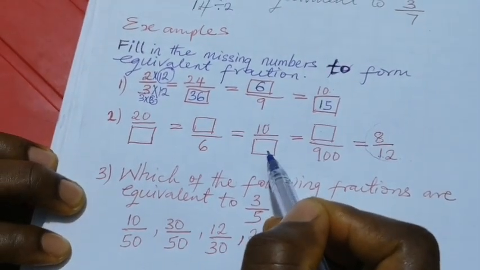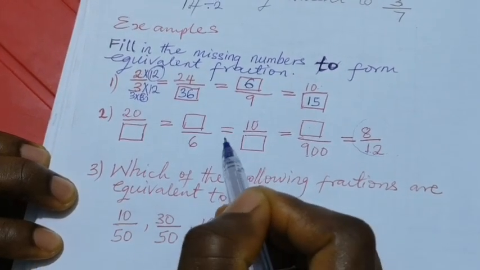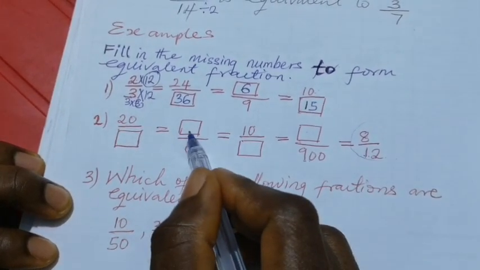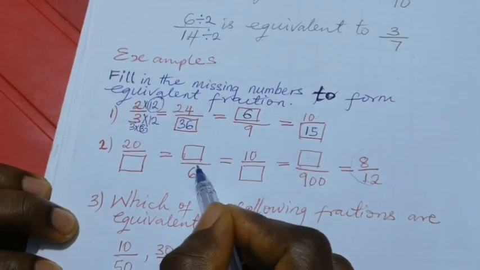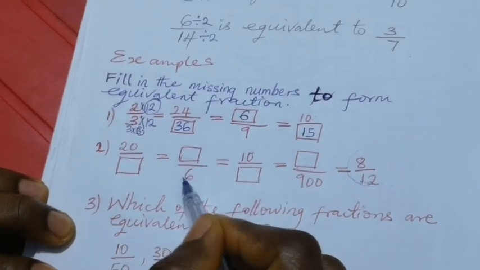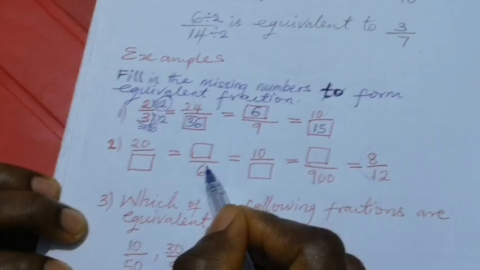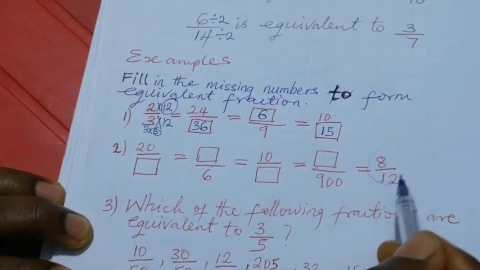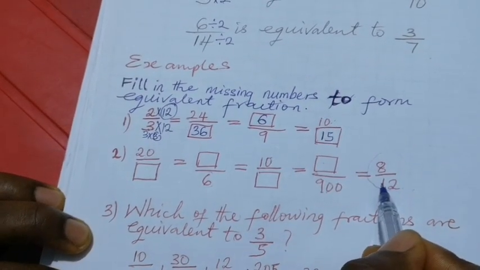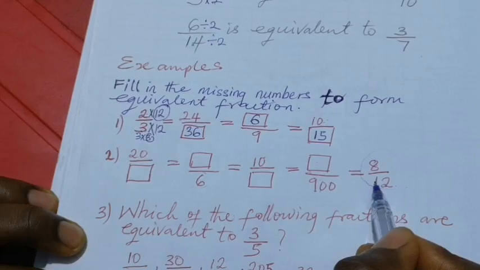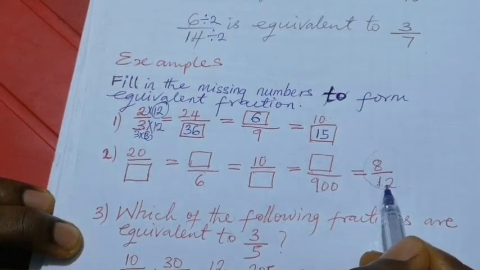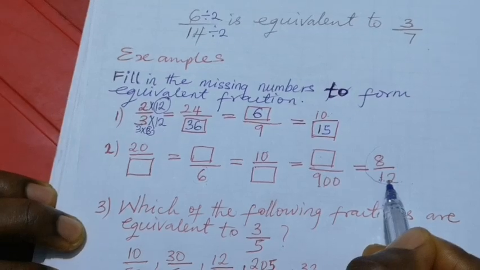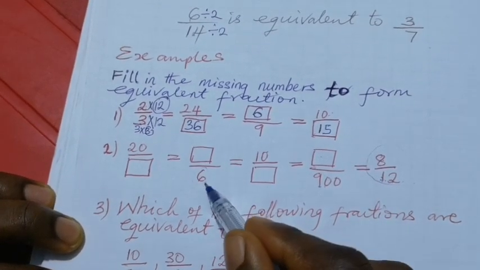Then I will come to this side. Now, in this fraction, it is the denominator that is given. So I will start from the denominator. I will ask myself, 12 divided by what will give me 6? Or 12 multiplied by what will give me 6?